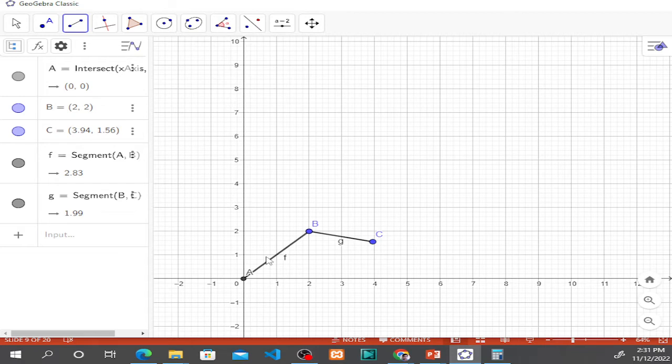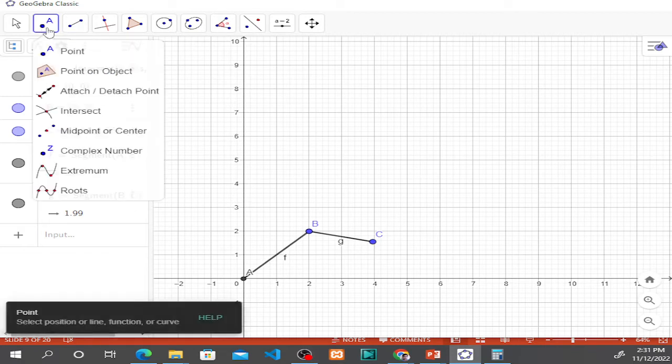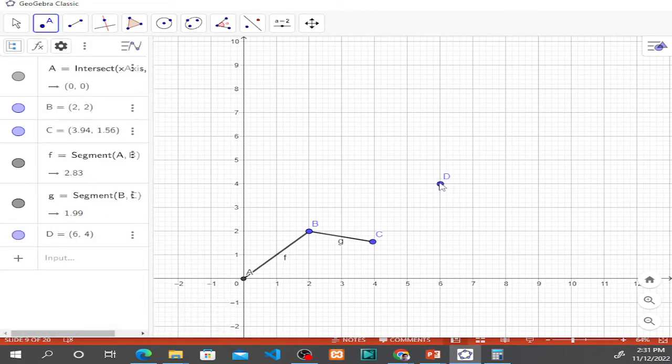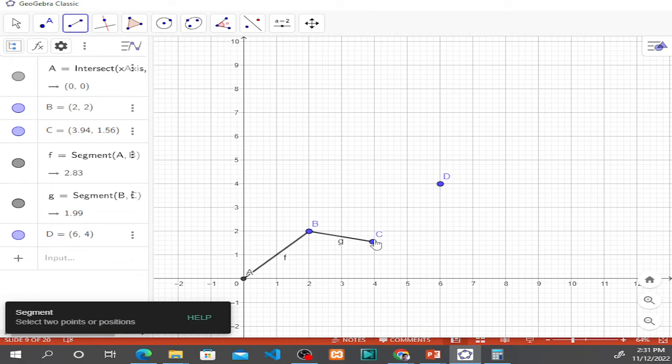Then we did not stop at point C, we moved somewhere up or forward, and we move to point D. Then we can actually graph that.